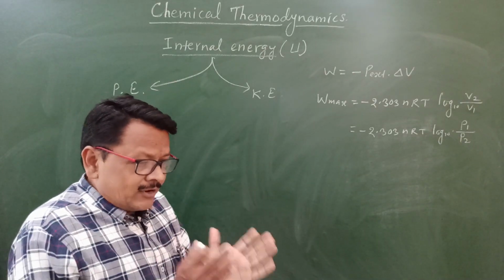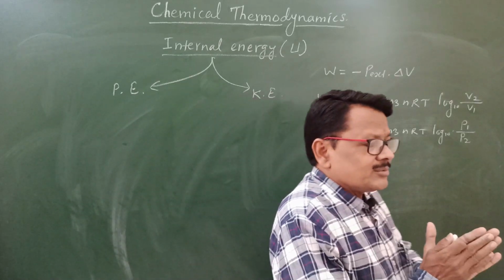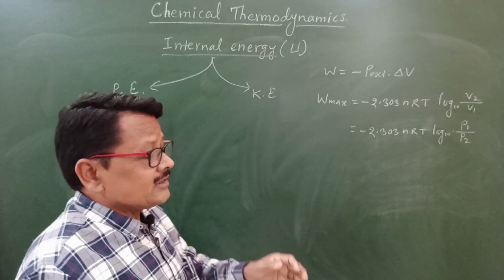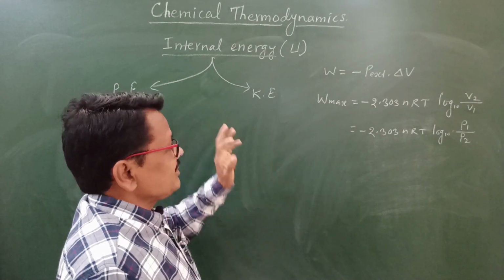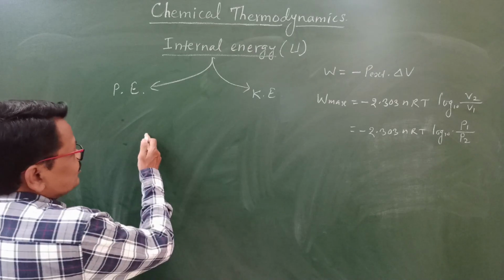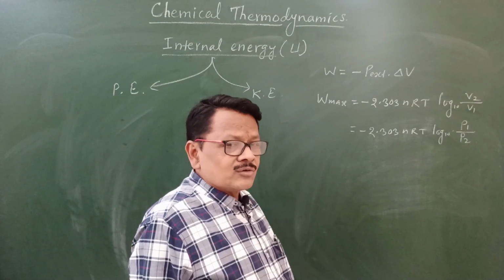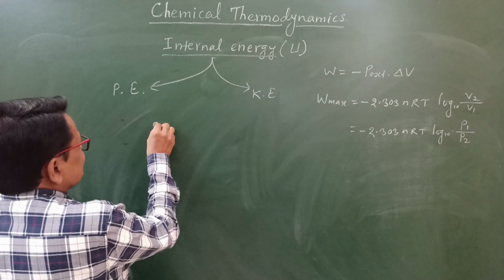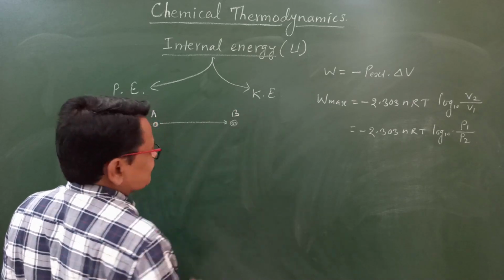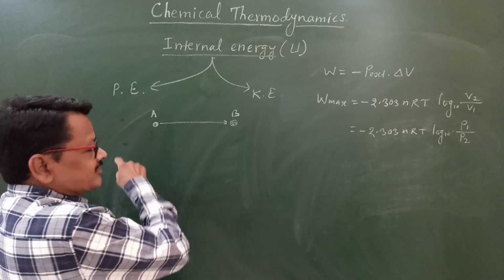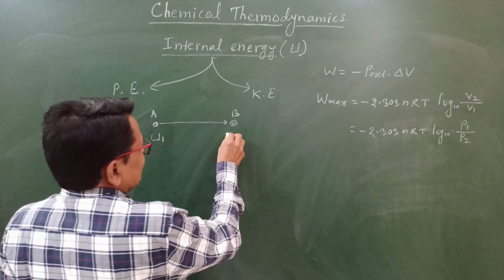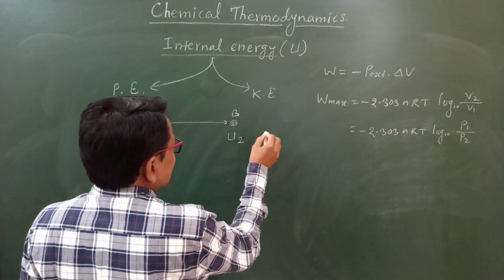But when a body is associated with certain types of energy which is present in it, that energy is called internal energy, and mainly internal energy is of two types, potential energy and kinetic energy. When a particular substance goes from one state to another state, or from the initial state to the final state, suppose this is the body, its state is A and it goes from state A to state B. At state A, the substance has its internal energy, suppose U1, and at state B, its internal energy is U2.